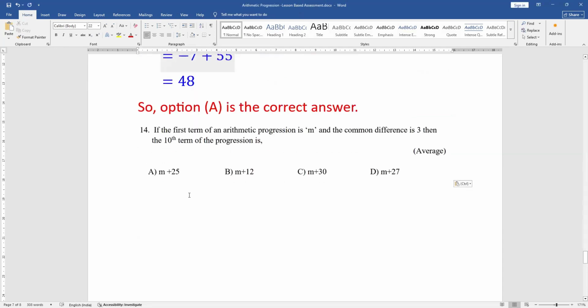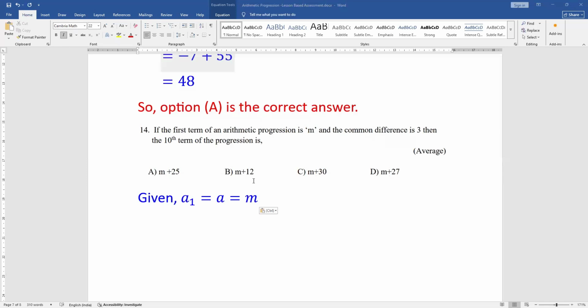14th question. If the first term of the arithmetic progression is m and the common difference is 3, then the 10th term of the progression is. So now let's see how to do this. Given a1, I'll take a1 as a. It is also nothing but m. Given a1 is equal to a, it is also nothing but m.